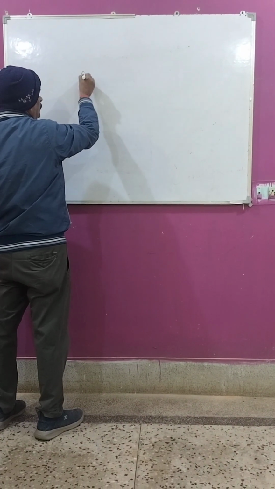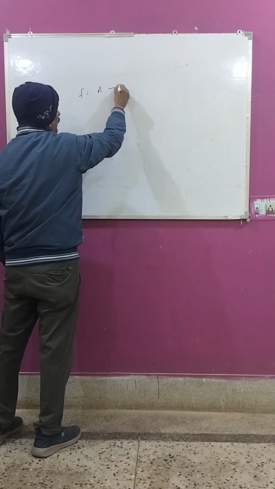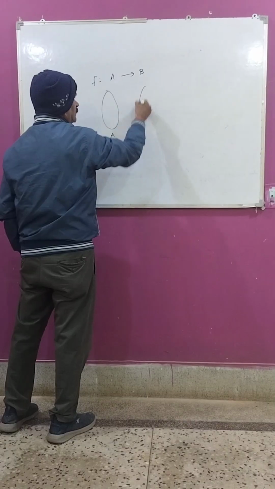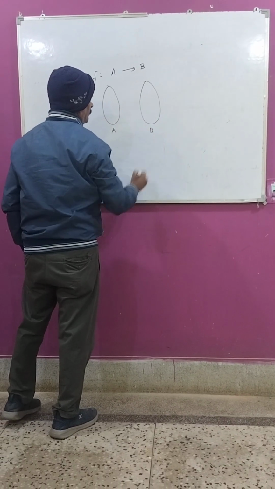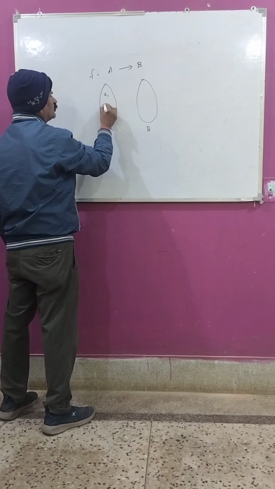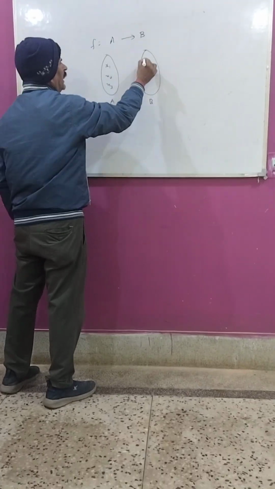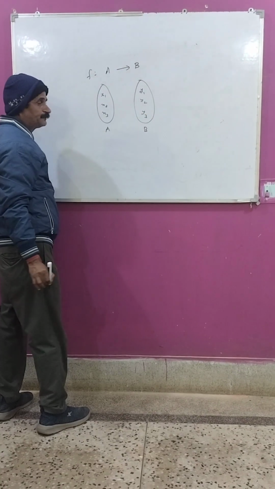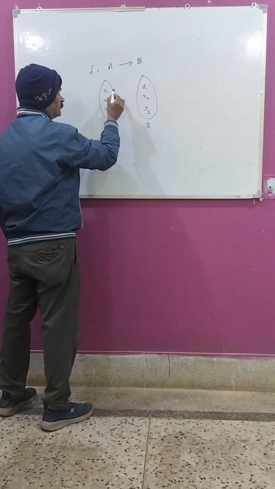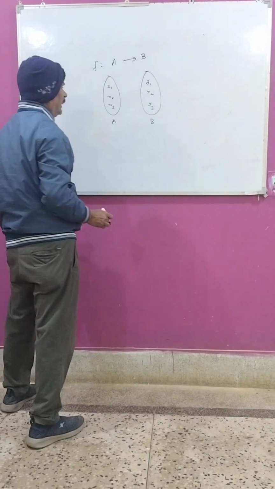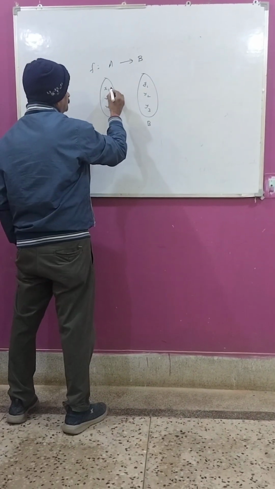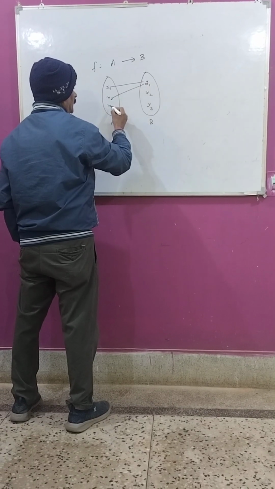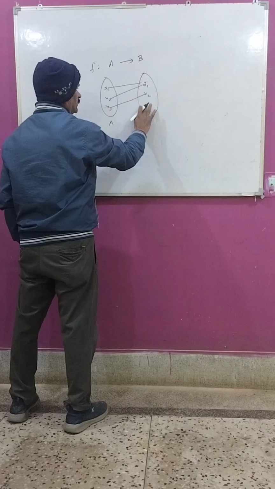Suppose we have a function f from A to B. This is set A, this is set B. Set A has elements x1, x2, x3, and set B has elements y1, y2, y3.